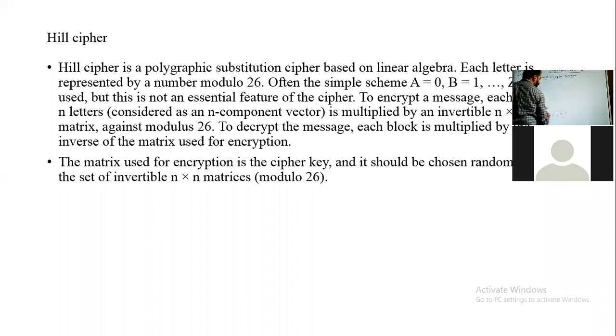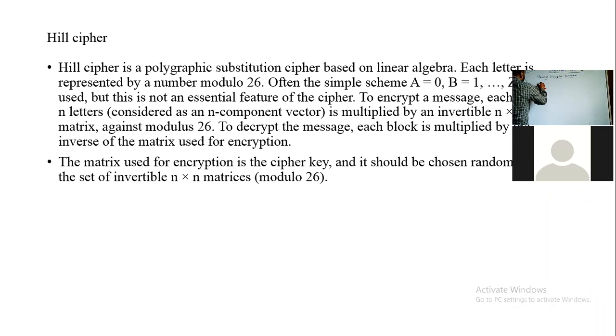Next, let us take an example of how Hill cipher works. Write down: since the key is a 2 into 2 matrix, the plain text should be converted into vectors of length 2.